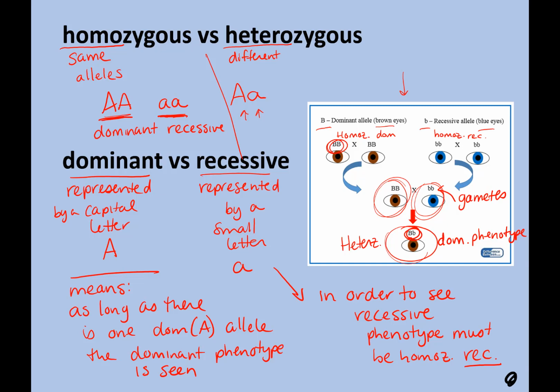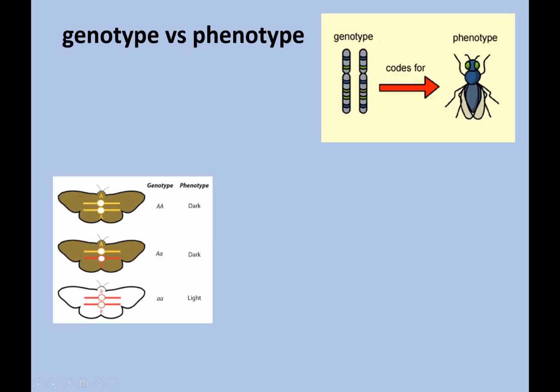Make sure you really understand what this dominant recessive means, and that you understand the difference between genotype and phenotype. So, genotype is your genetic information. And if you look at somebody, you really can't tell what their genotype is.